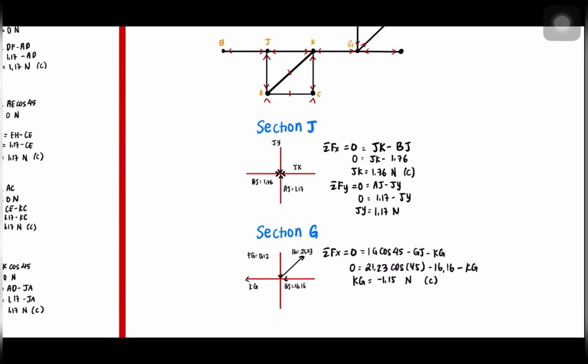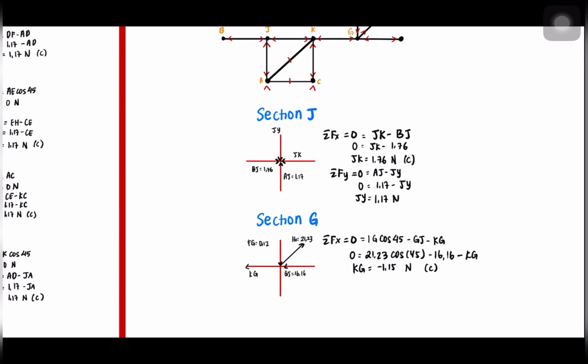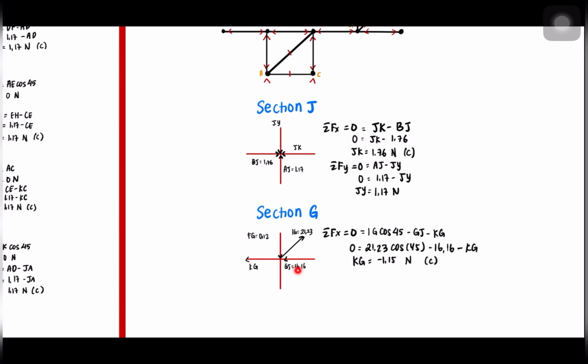And then lastly, we can find section G. For section G, we have KG, IG, and FG. With that, we can only use the Fx equals 0 method, because we only need to find member KG. Then we got the answer is minus 1.15 Newton.